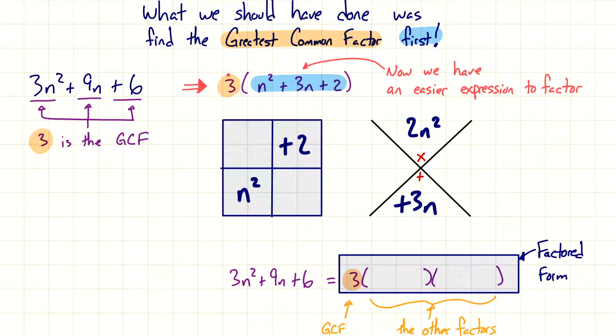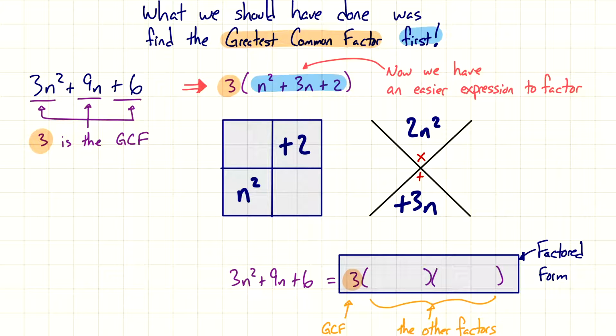If we were actually multiplying this out, so 3 times n squared gives us 3n squared. 3 times 3n gives us 9n. And 3 times 2 gives us 6.